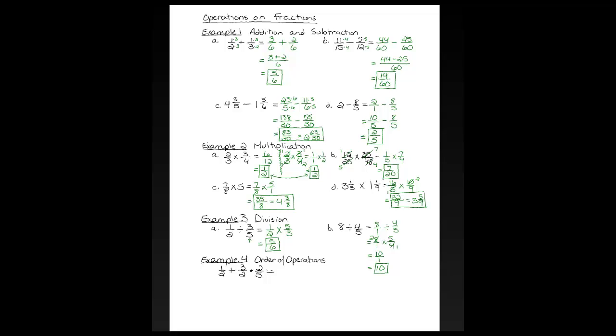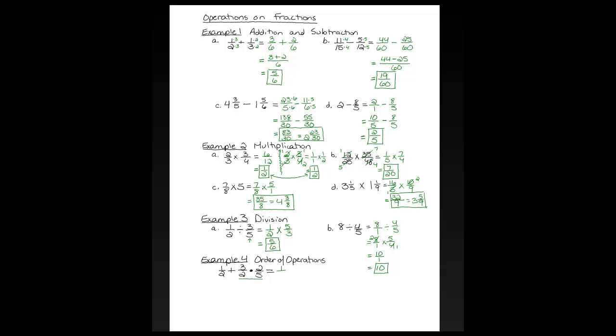Now we've dealt with each of these operations individually. We can also perform the order of operations on fractions. Like the example we have here, 1/2 plus 3/2 times 2/5. If you think back to order of operations, you want to multiply first.